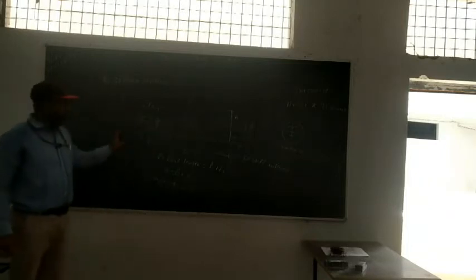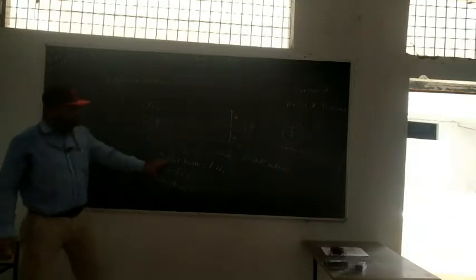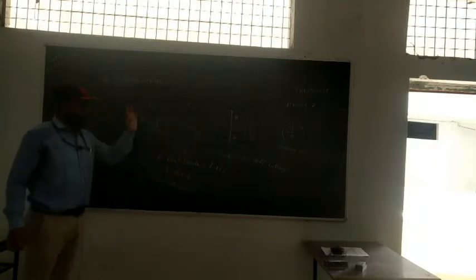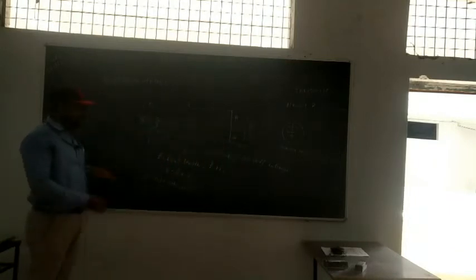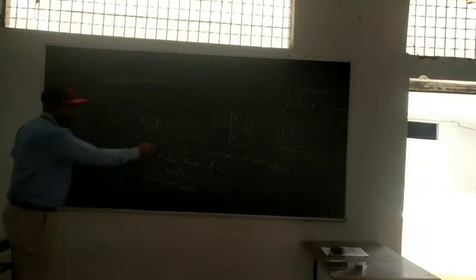Staff intercept, where S is equal to staff intercept, and where I is equal to stadia interval. So these are the terminologies you have to keep in mind. Later we'll get into the derivation of how we are going to calculate D.